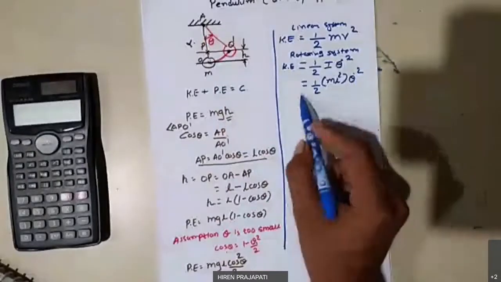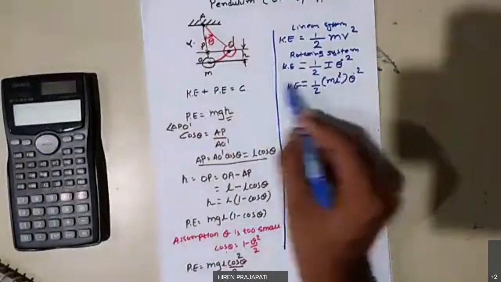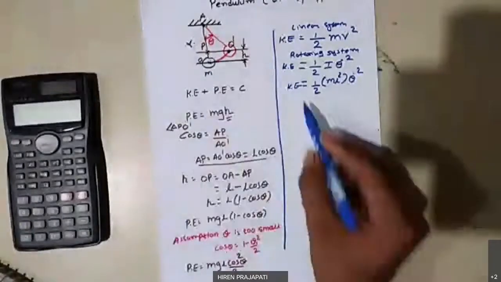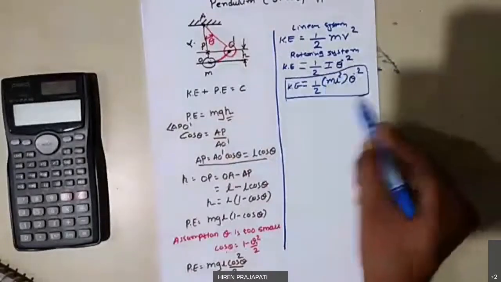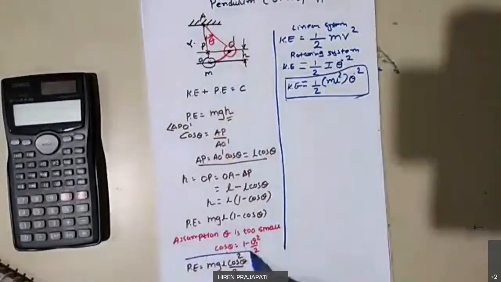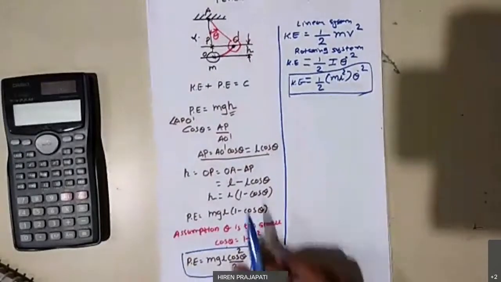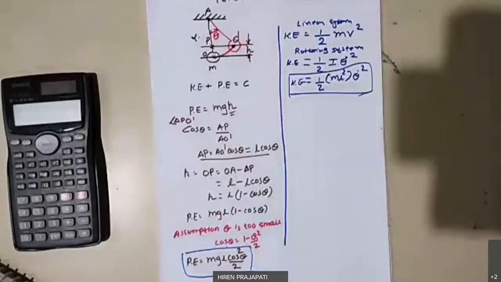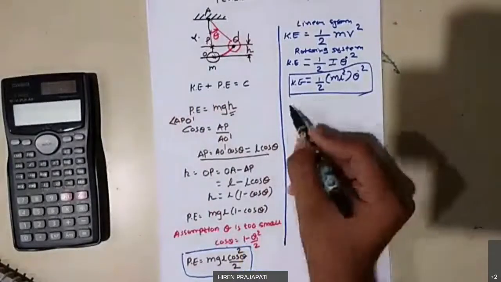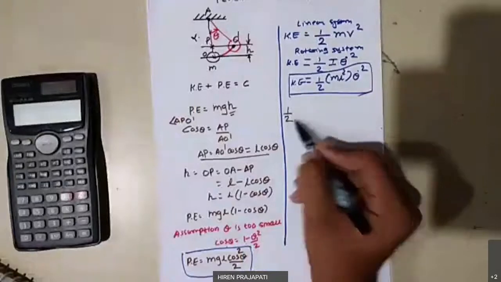So this is what we got, the kinetic energy equation for the pendulum. Now simply I need to put this kinetic energy equation and this potential energy equation both in the energy approach equation.